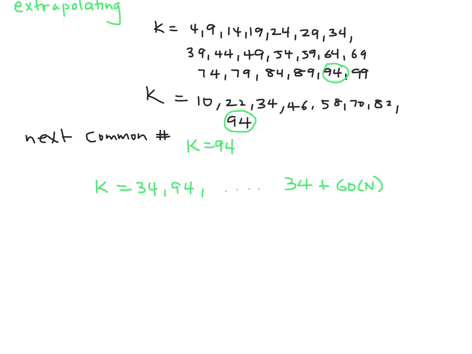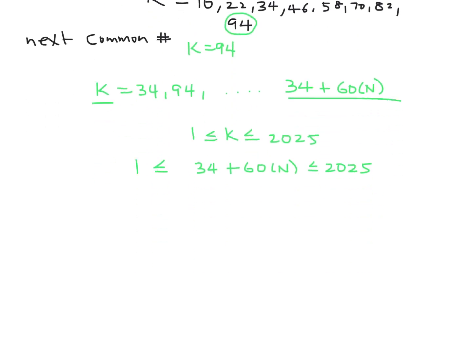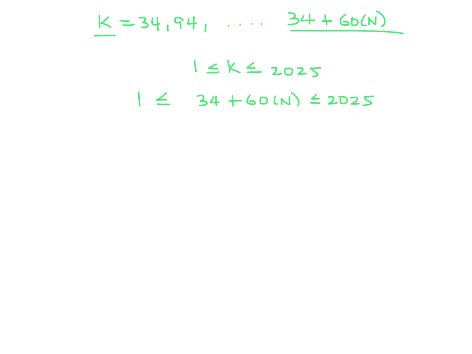Okay, so therefore, since our k's are between 1 and 2025, we can put this into that. So it would be 1 is less than or equal to 34 plus 60n is less than or equal to 2025. Okay, moving right along.